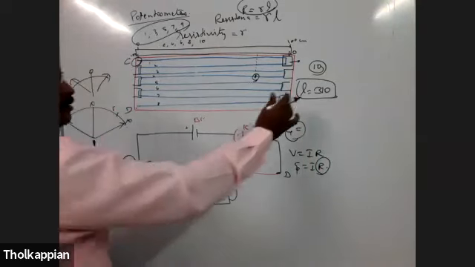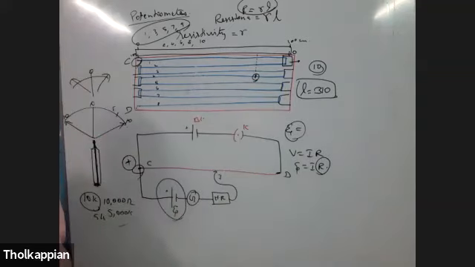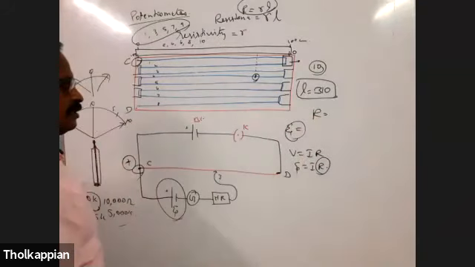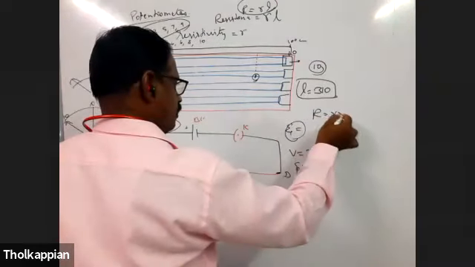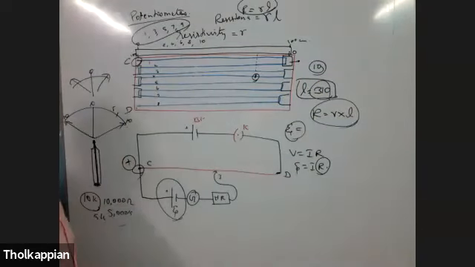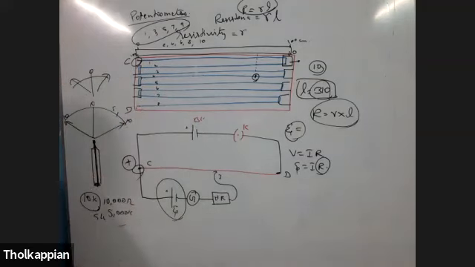So L you got. Resistivity of the wire is constant. So the resistance R is equal to the resistivity into this length L. You know the value of R. The current flowing here is constant current.